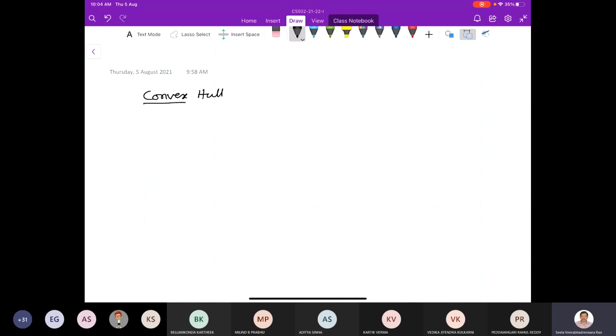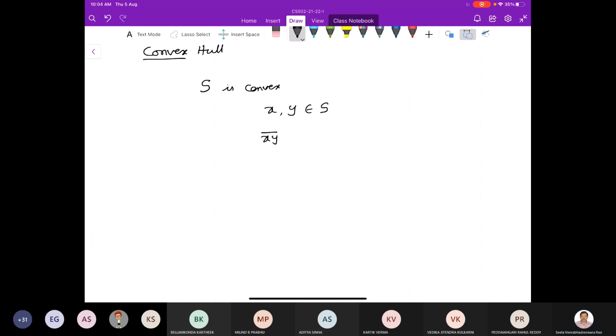See, we say that an object is convex if you consider any 2 points, say x and y, which belong to this set, and if you take the line segment joining these 2 points, this is the notation for the line segment.